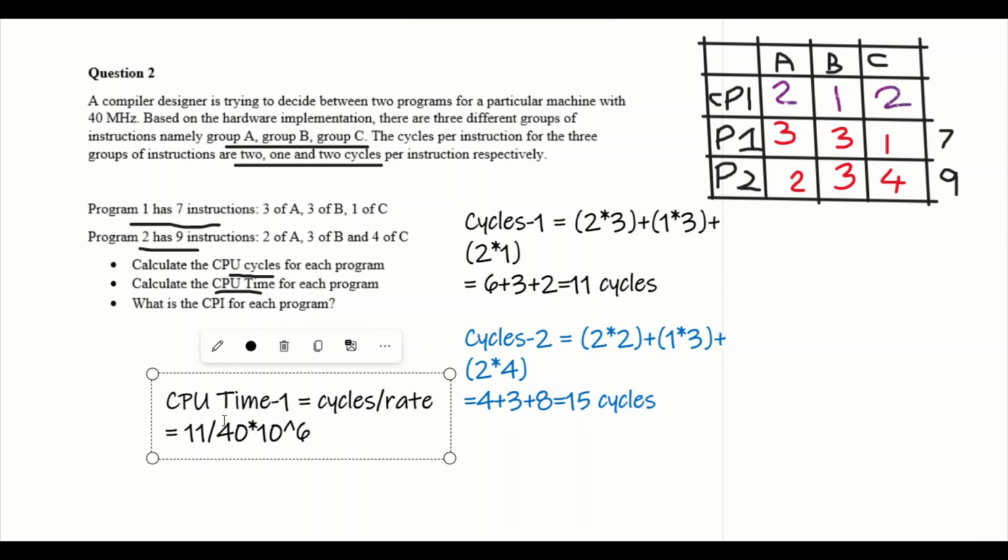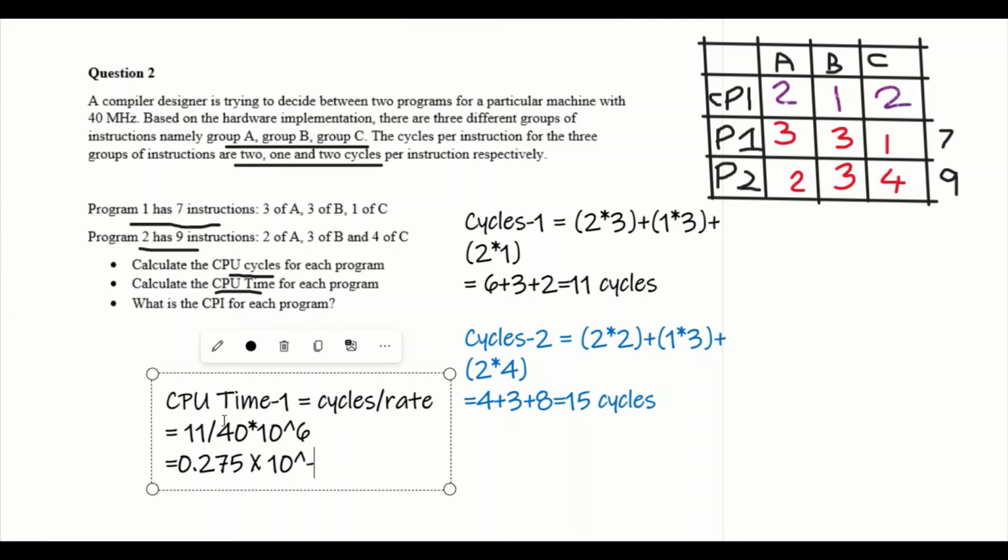Sorry, 10 power 6. Mega means 10 power 6. Giga means 10 power 9. So when you do the calculation, you get 0.275 times 10 power -6, because the 10 power 6 goes on the top.